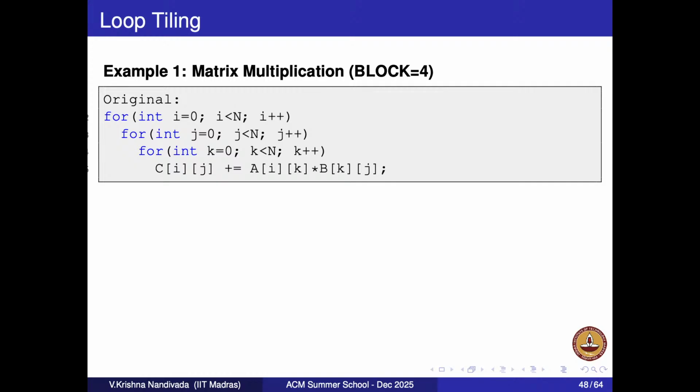There will be continuous cache misses, right? Because I brought this one to cache, I did the multiplication, then I kept doing multiplication. After some time, somewhere I reached here, out of cache, throw this element away. So there are continuous cache misses.